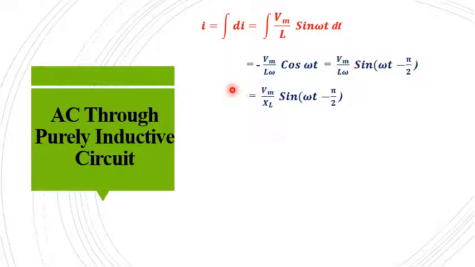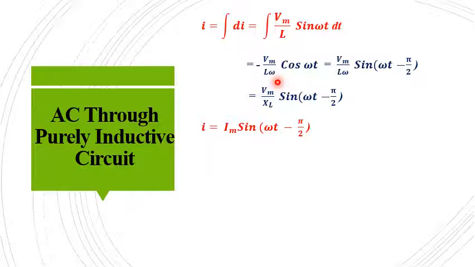So we get the current value I as Vm by XL sin omega t minus pi by 2. This Vm by XL is the maximum value of the current. So we can put current I equal to Im sin omega t minus pi by 2. We got the voltage equation V equal to Vm sin omega t.